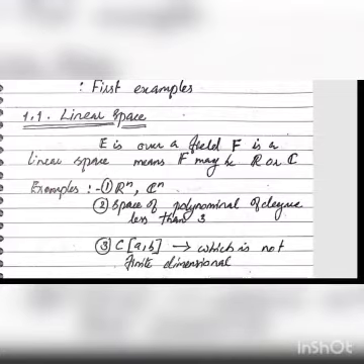The space of polynomials of degree less than 3, which we might have come across in your first semester linear algebra course. Its basis contains the elements 1, x, x squared, since strictly less than 3 means up to x squared only.